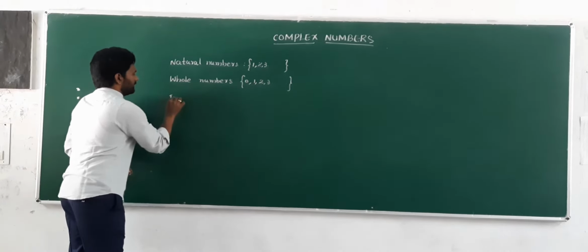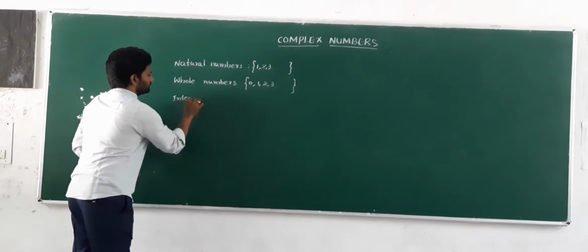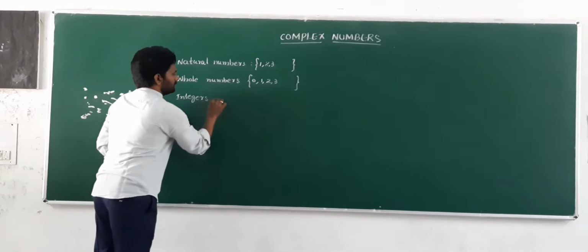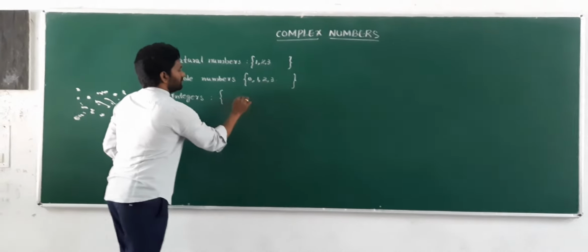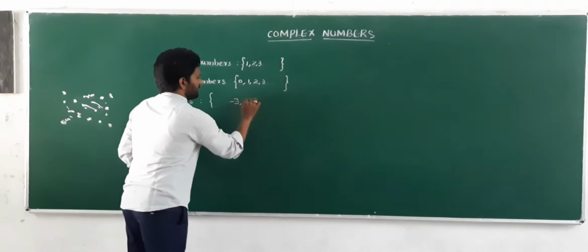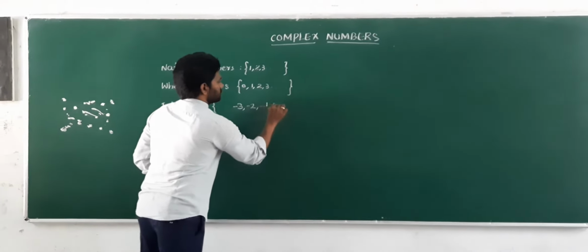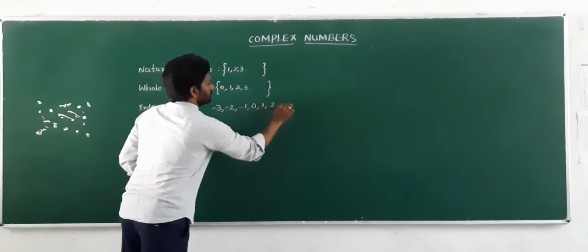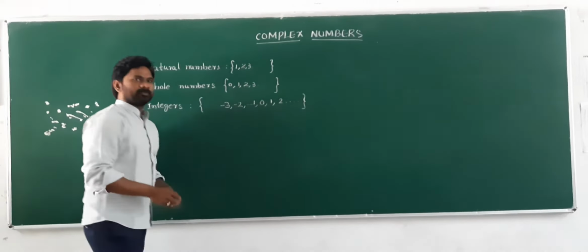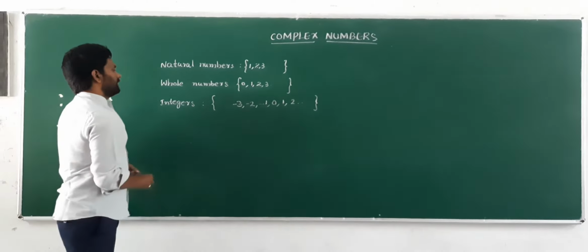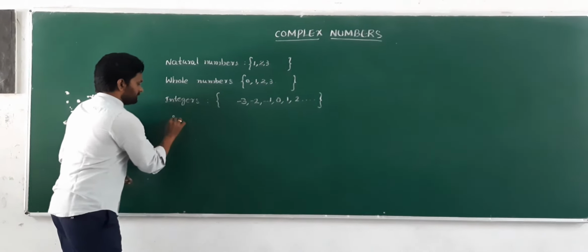And we have integers, which are the values -3, -2, -1, 0, 1, 2 and so on. Next we have rational numbers.